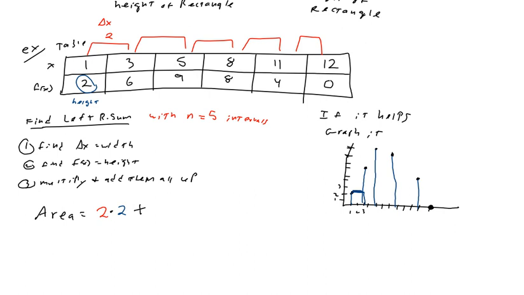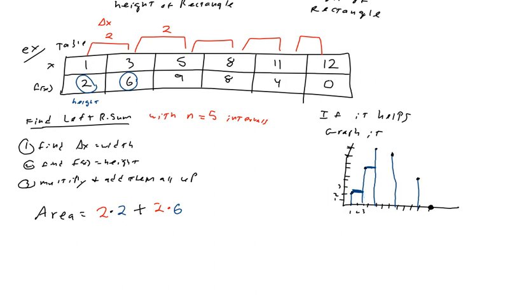Next width, from 3 to 5, that's again a 2. 2 times my left edge height, which is this 6. Here's my next height at the 6 right there. So I'm drawing this rectangle there. This is making sense, right?